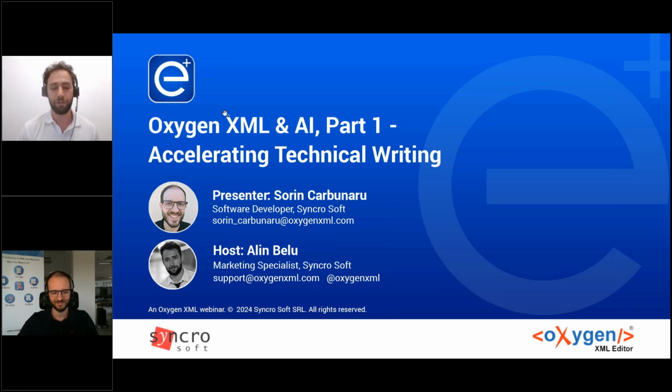In this following hour, he'll guide us through the Oxygen AI Positron Assistant plugin, a powerful tool that boosts productivity for technical writers when using Oxygen XML Editor. You'll also get the chance to discover the newest features presented in the latest version, Oxygen AI Positron Assistant version 3, and you will also learn how to leverage them for a faster and more efficient workflow.